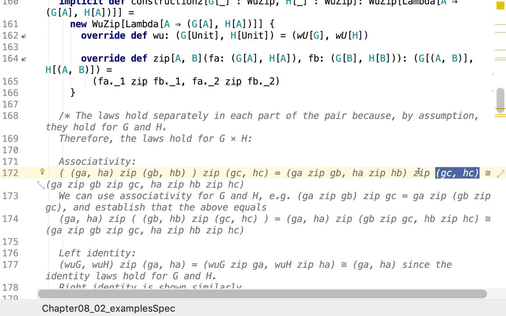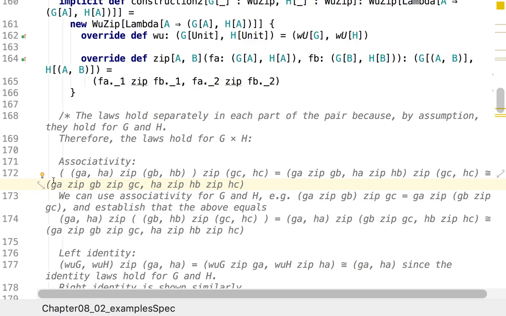Now, if we apply the definition, we need to zip the first component with the first component, so that will give you this. Now, I stopped writing parentheses here because this is the zip in the G functor, which is associative by assumption. We already assume that G and H have associativity.